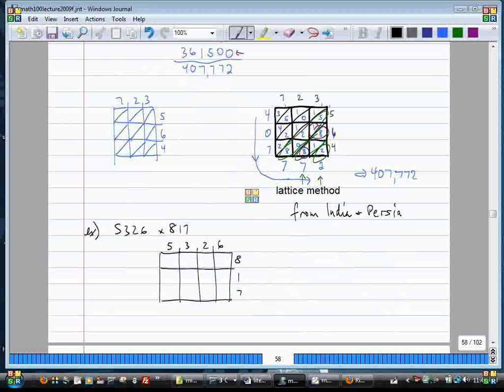Just go ahead and make your grid, and then you need to slash mark each box. And now just go ahead and do it.